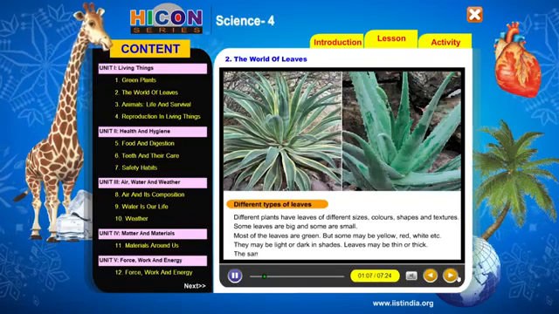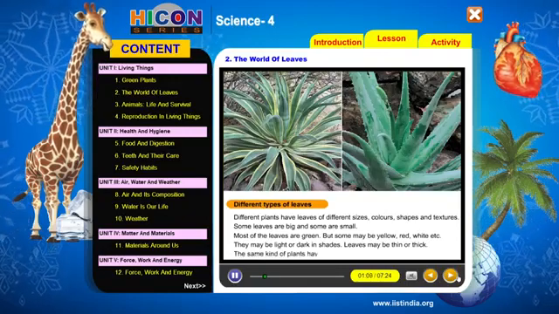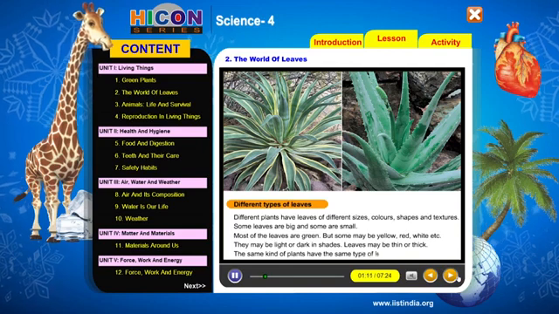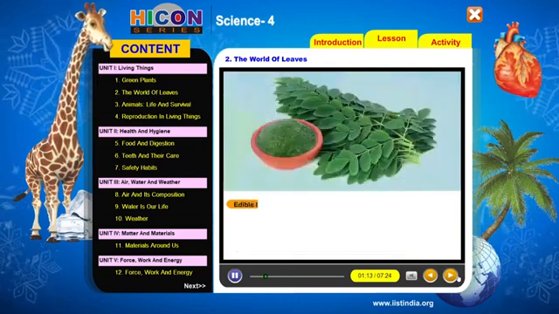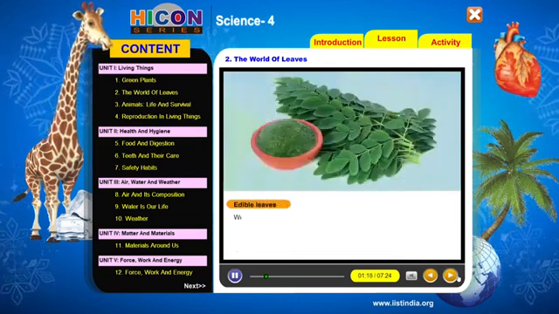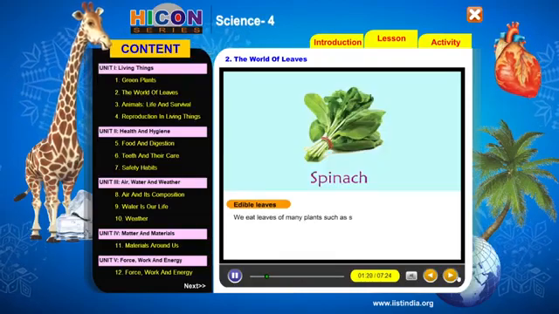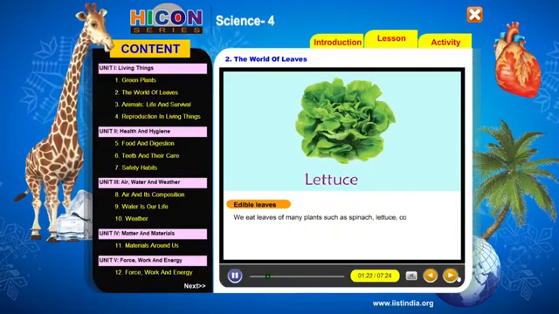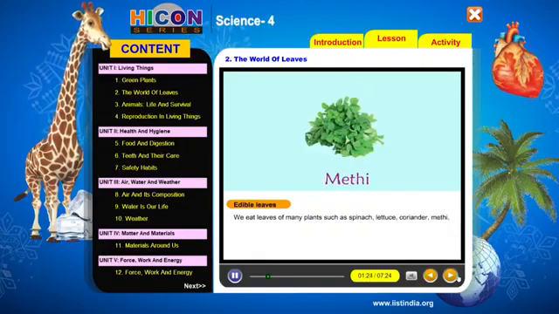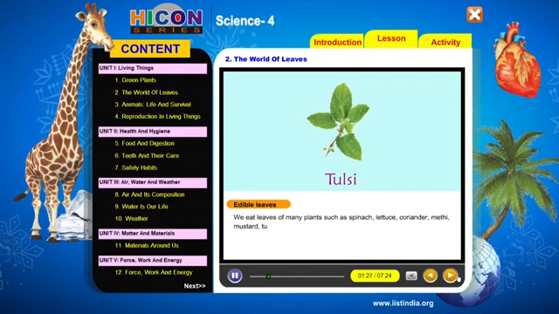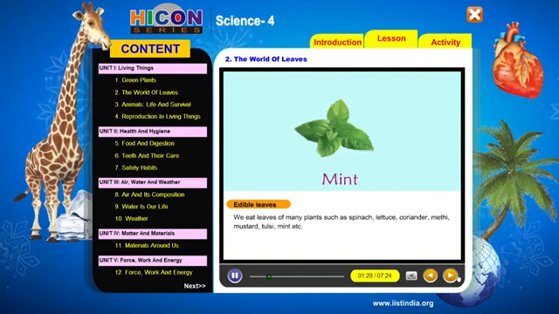The same kind of plants have the same type of leaves. Edible leaves: we eat leaves of many plants such as spinach, lettuce, coriander, methi, mustard, tulsi, mint, etc.